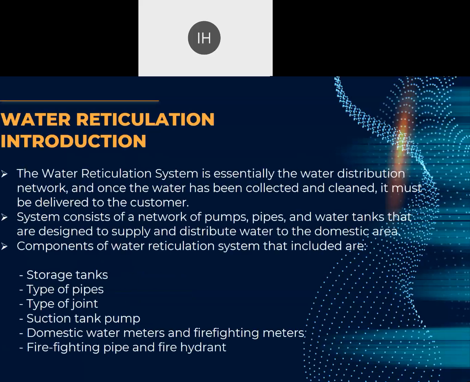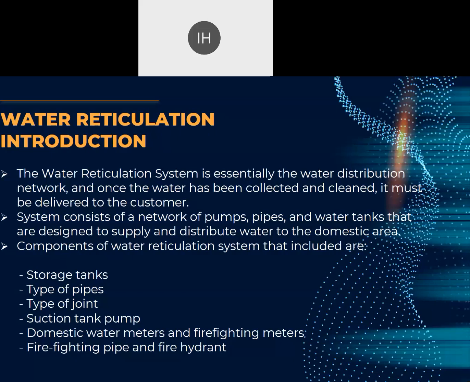And lastly, for the minor part, water reticulation. The water reticulation system is essentially the water distribution network, and once the water has been collected and cleaned, it must be delivered to the customer. The system consists of a network of pumps, pipes, and water tanks that are designed to supply and distribute water to the domestic area.